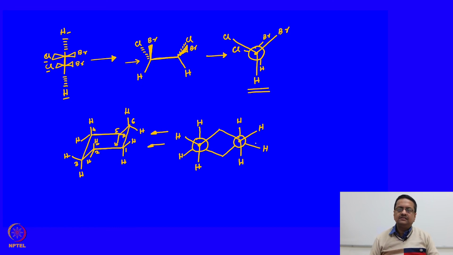See, this conformation will be important when we try to understand some chemistry related to substitution reactions or some chemistry related to elimination reactions. So, that is where we will need this conformation to be understood properly.